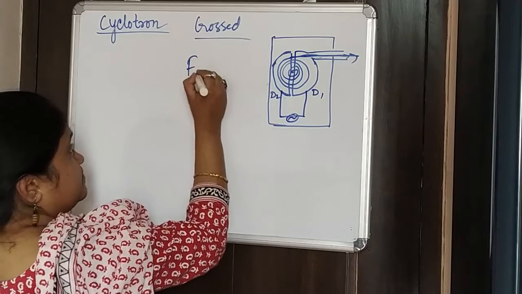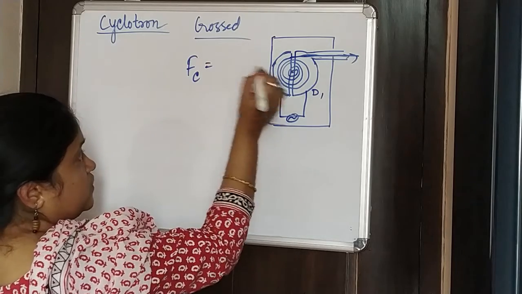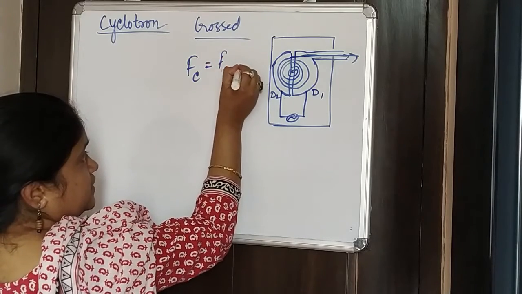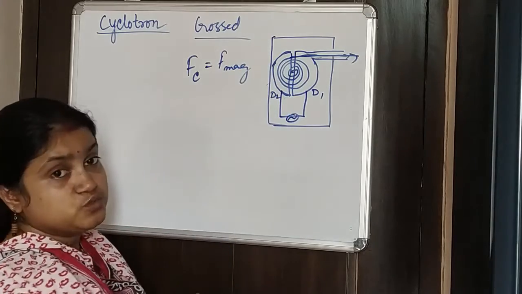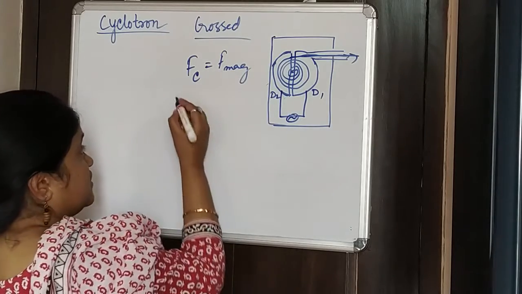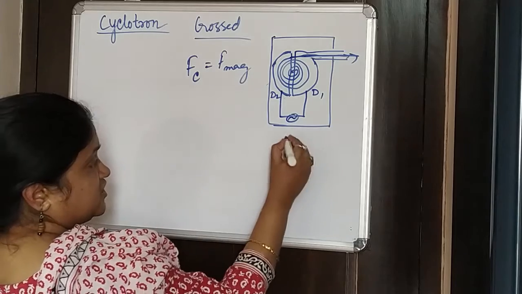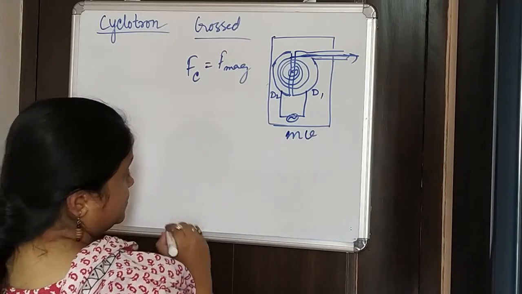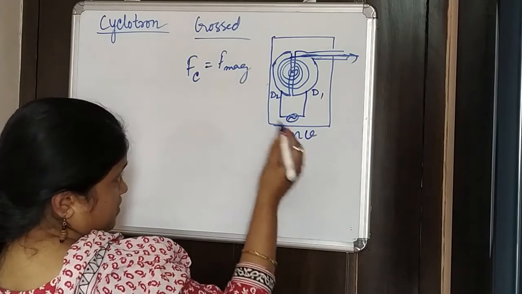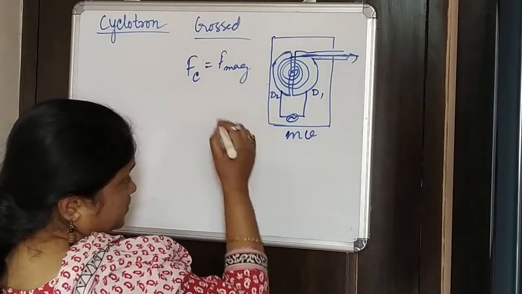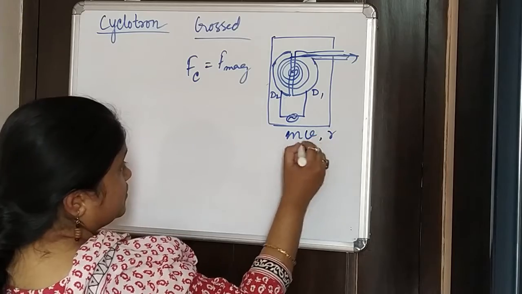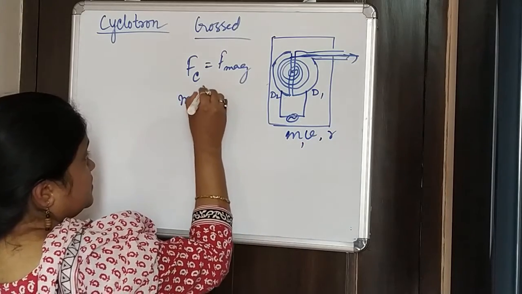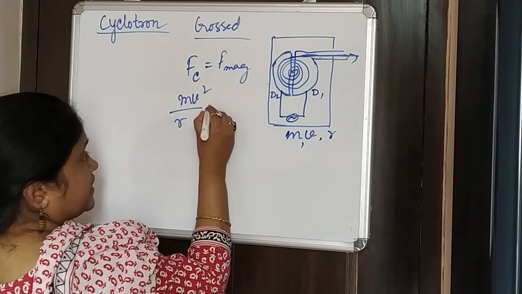So I can write that the centripetal force is equal to the magnetic force given to this charged particle. Suppose the charge has a mass m and it moves with a velocity v, and the circular radius is r, then we can write this as mv square by r.